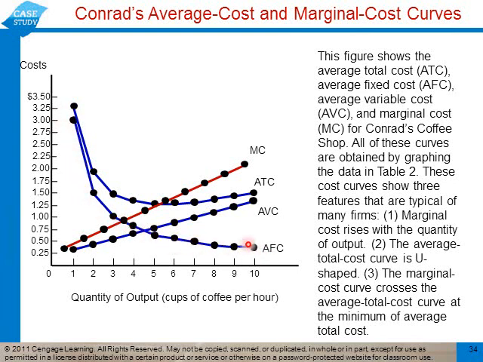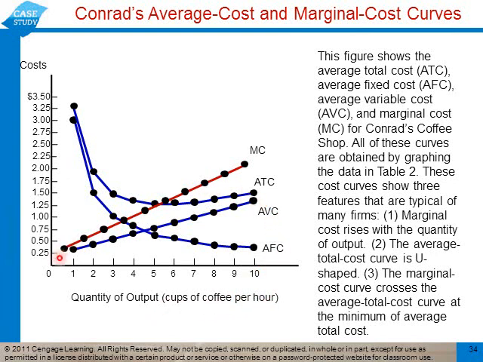I will show you in the next chart exactly how you calculate each one. But conceptually you realize that the more output you have, you have to divide the fixed cost by the number of output, the quantity, the cups of coffee per hour, in this case.